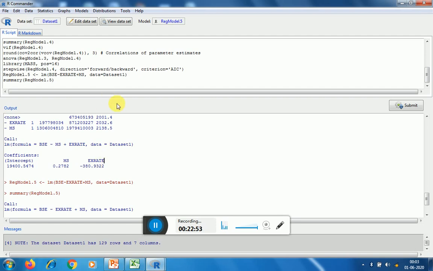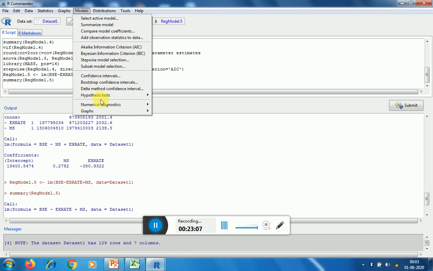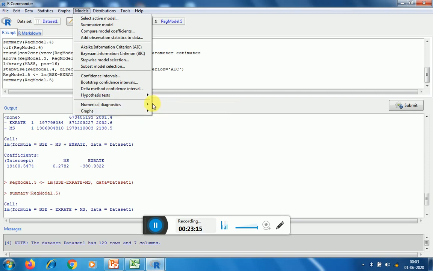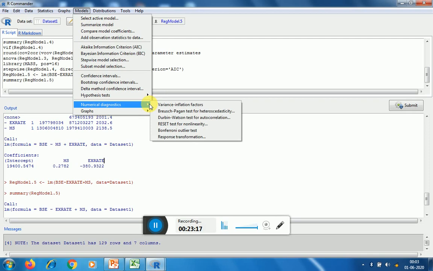So this is all about how we can fit a regression model by applying the stepwise regression method. Here again you have various other criteria for making diagnostics, like the Breusch-Pagan test for heteroscedasticity.